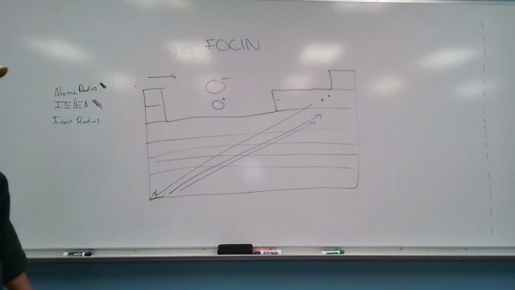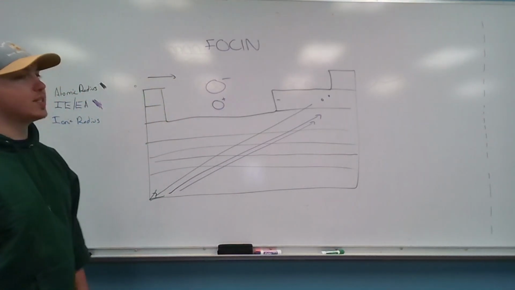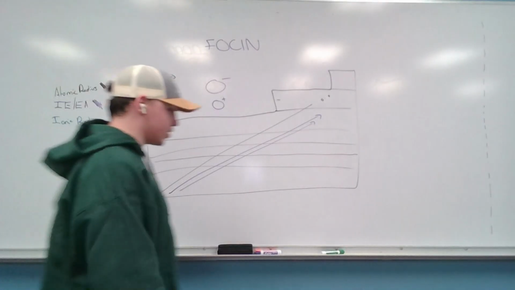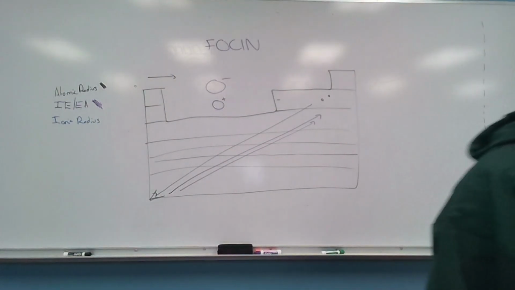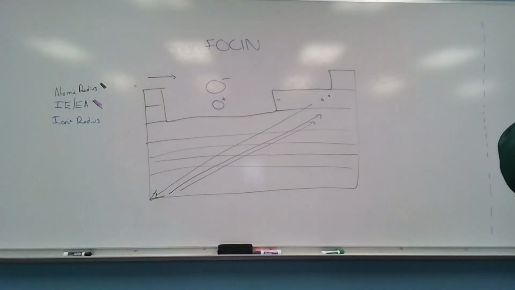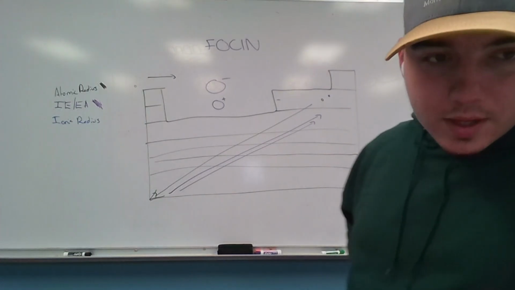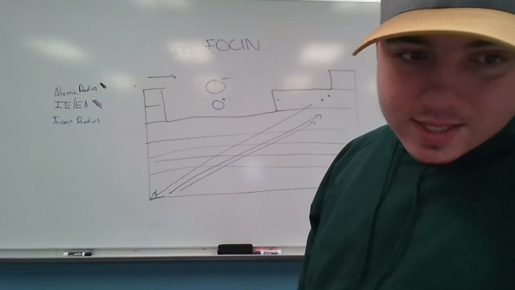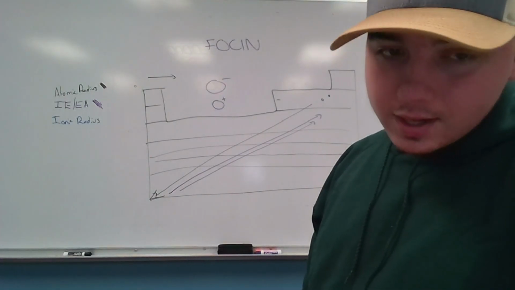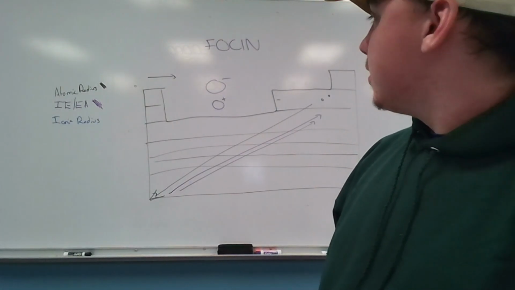When you have the same number of electrons in an element, it's going to depend on how many protons you have. When you have the same electronic configuration between ions, ionic radii will increase down a group. The smaller ones are going to be at the top.